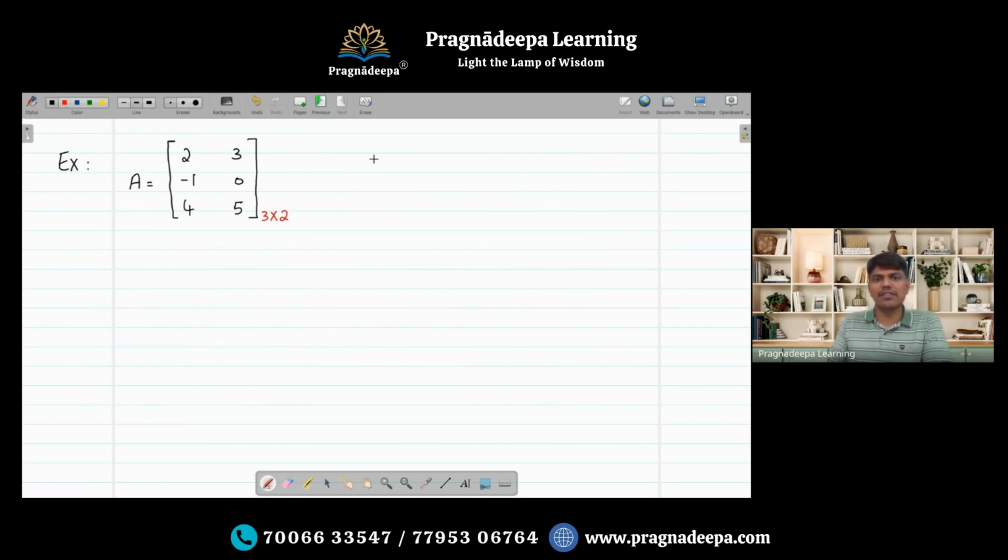So suppose I will find half A. What is the meaning of half A? I have to multiply half to all the elements of A. We get 1, 3 by 2, minus 1 by 2, 0, 2, and 5 by 2, correct? So what is this? Still it is of order 3 cross 2.